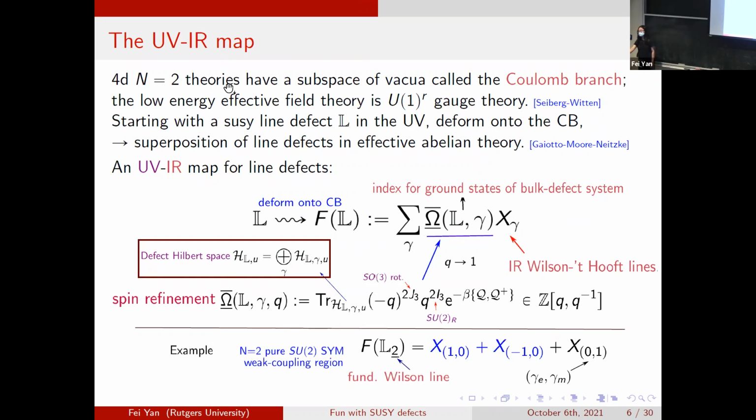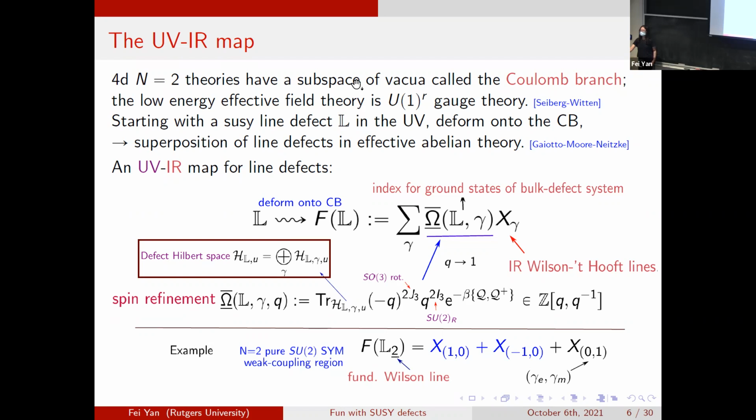So N=2 theories, just like many quantum field theories with extended supersymmetry, have a continuous space of vacua, in particular a subspace of vacua, the so-called Coulomb branch. The takeaway point is that at a generic point on the Coulomb branch, one gets an effective field theory which is some abelian gauge theory, a bunch of U(1)s.